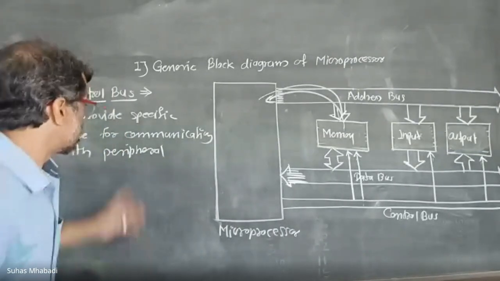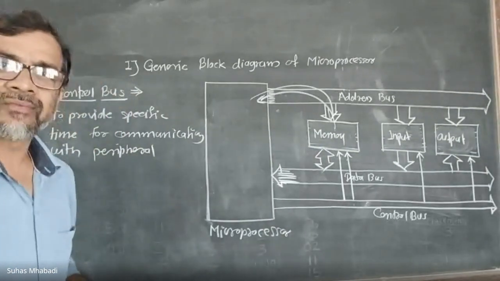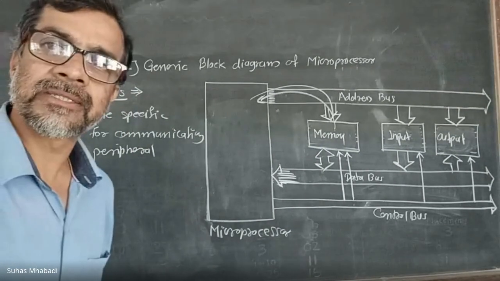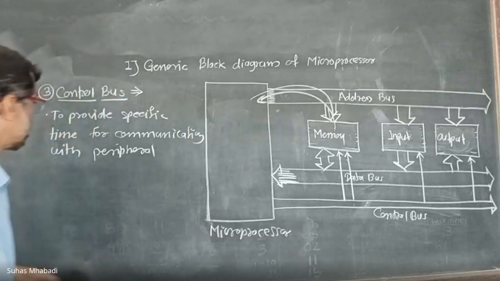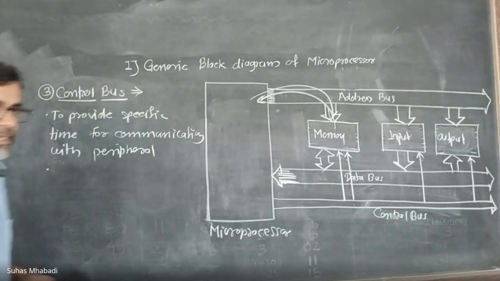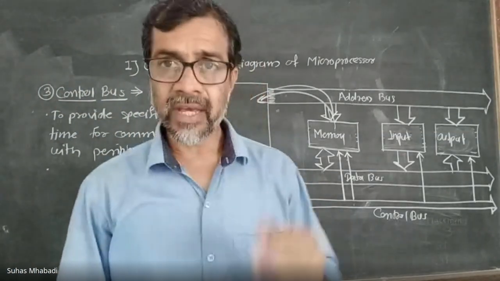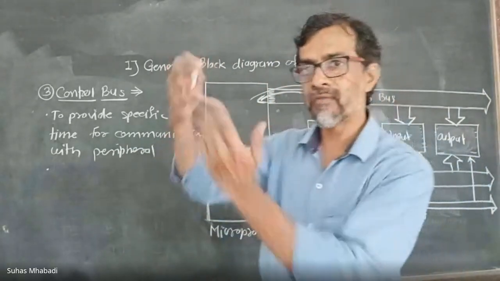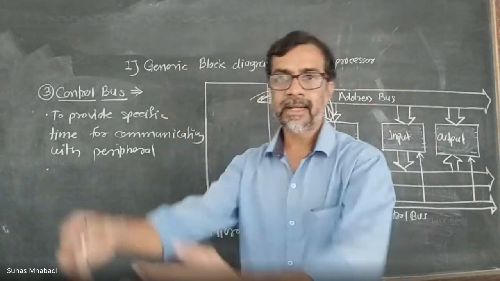So it offers a specific time for peripheral devices. Secondly, it is actually a bunch of lines. The way we have explained, the address bus is a bunch of lines, the data bus is a bunch of lines.